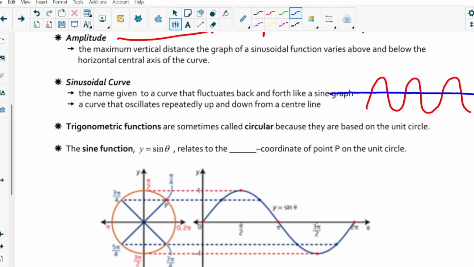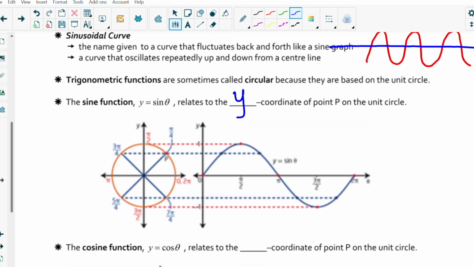The sine function y equals sine of theta relates to the y coordinate of the point P on the unit circle. If I turn this circle and roll it out like this, it'll form a sine graph.